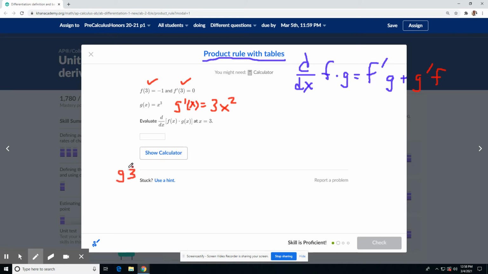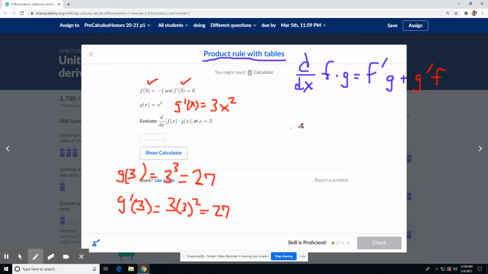So g of 3 is equal to 3 cubed, which is 3 times 3 is 9, times 3 is 27. And g prime of 3, plugging 3 into this one, is 3 times 3 squared, which is 9 times 3, which is also 27.